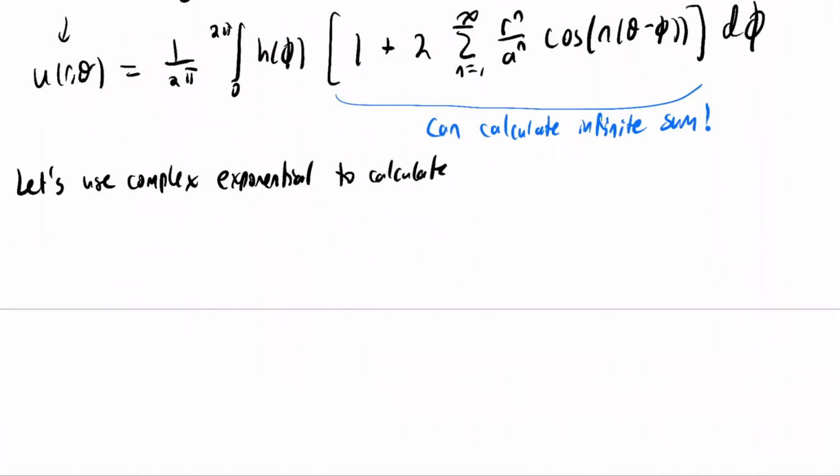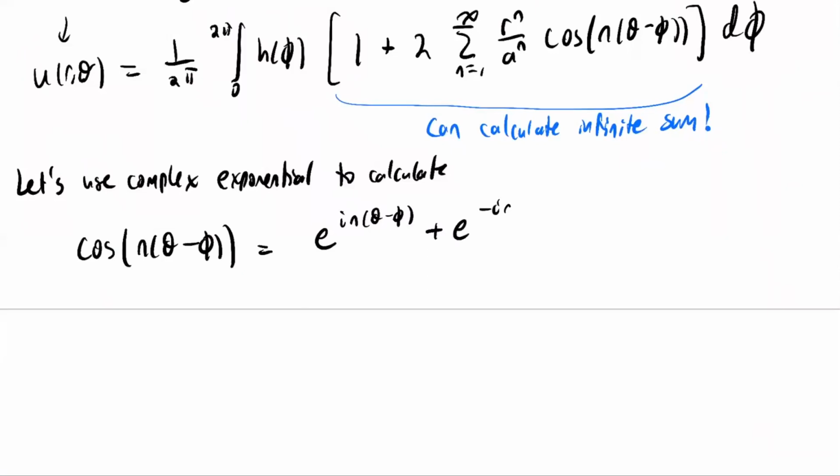In particular, we're going to use the identity, well, you have cosine of n times theta minus phi. This is equal to, using our identity that allows us to write cosine as some combination of complex exponentials, e to the i n times theta minus phi plus e to the minus i n times theta minus phi, divided by 2, right?